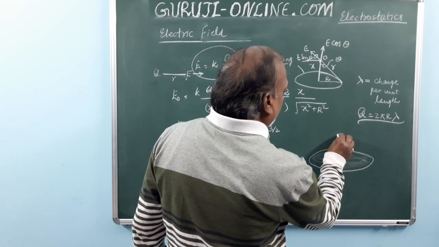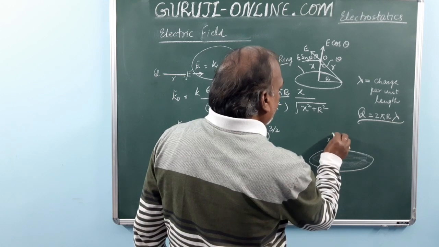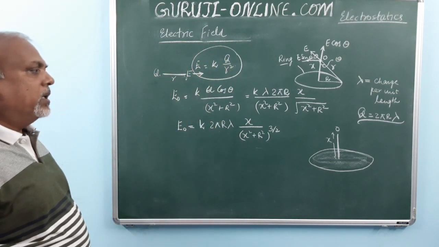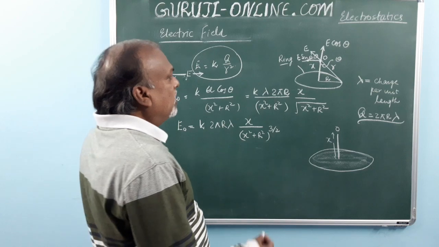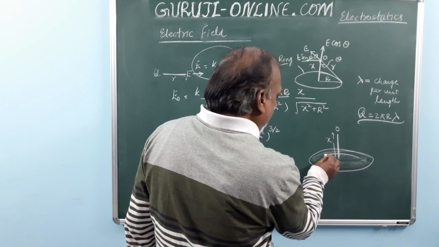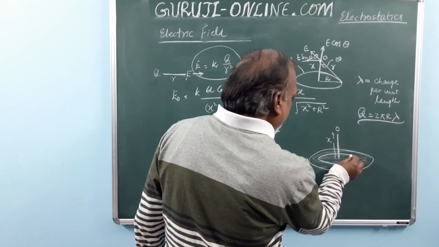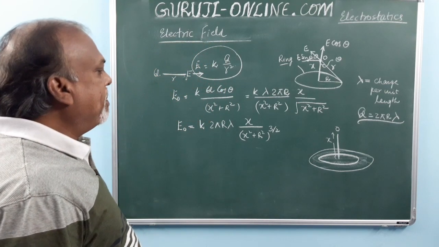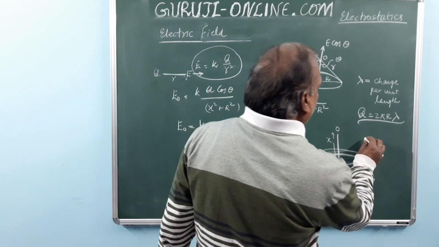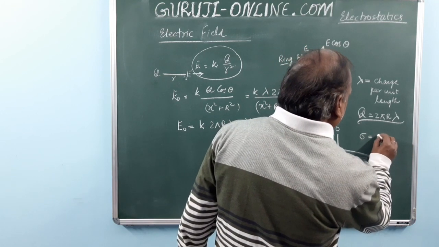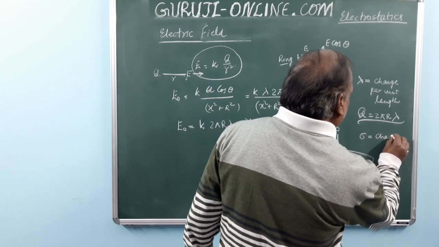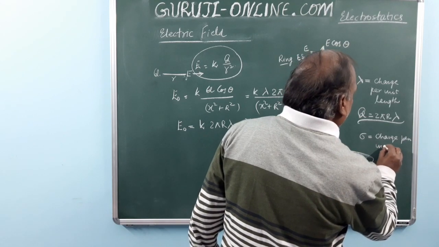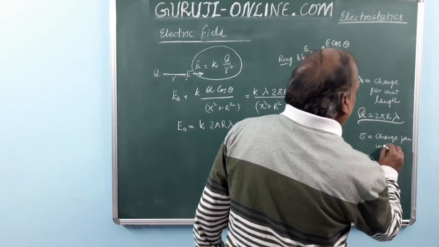Now in the same way, suppose it is a disk and we are asked to find the electric field due to a disk at point O. So, if you take a ring here, basically we are given sigma, that is charge per unit area.